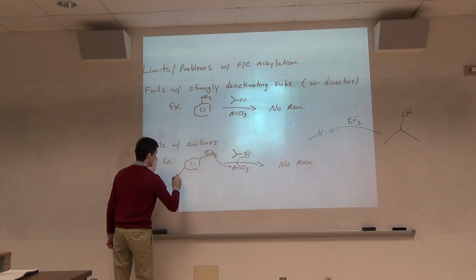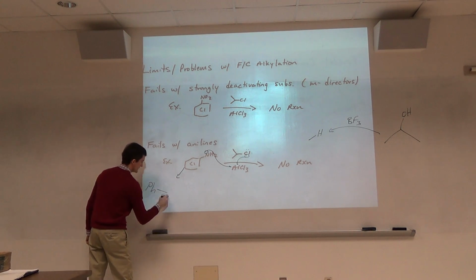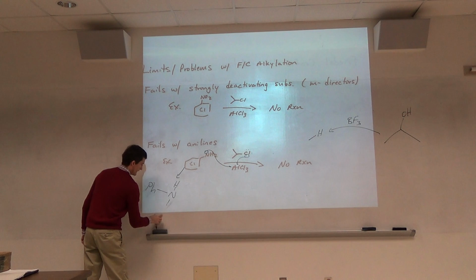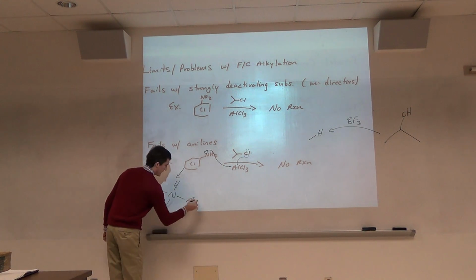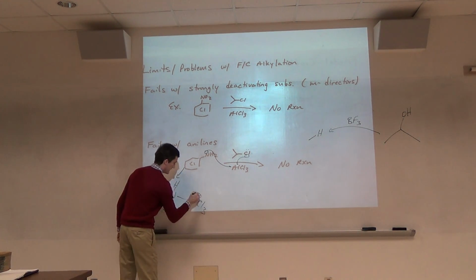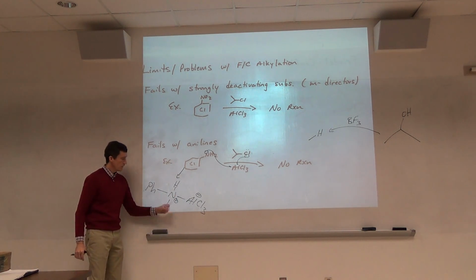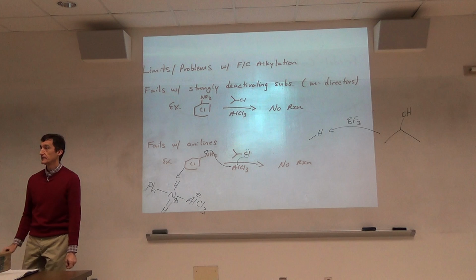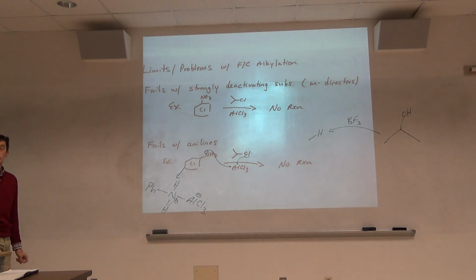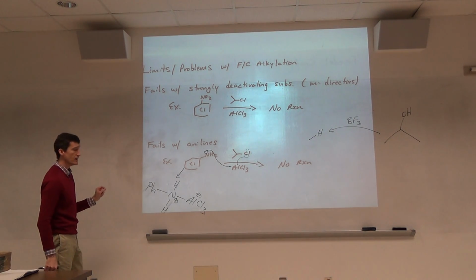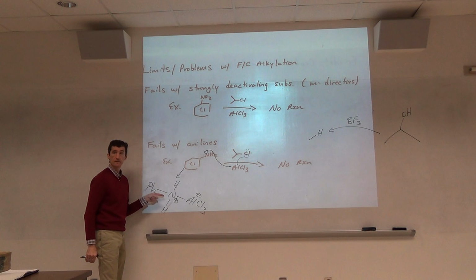And once it does, what do you get? I'm just going to call that phenyl. You got two H's there. And this is a bond to the aluminum, Cl3. That's now a minus. This is a plus. What did we turn our amine into? It's no longer a strongly activating sub. What type of group is it now?